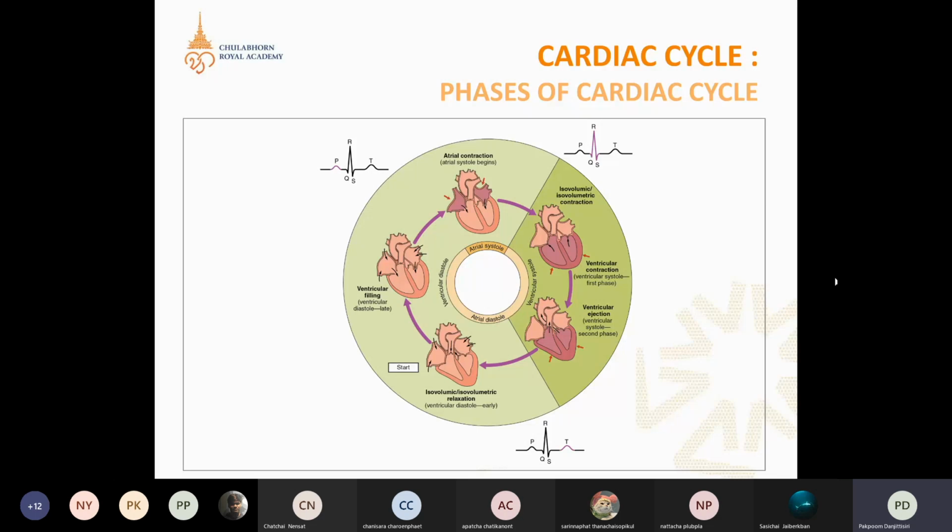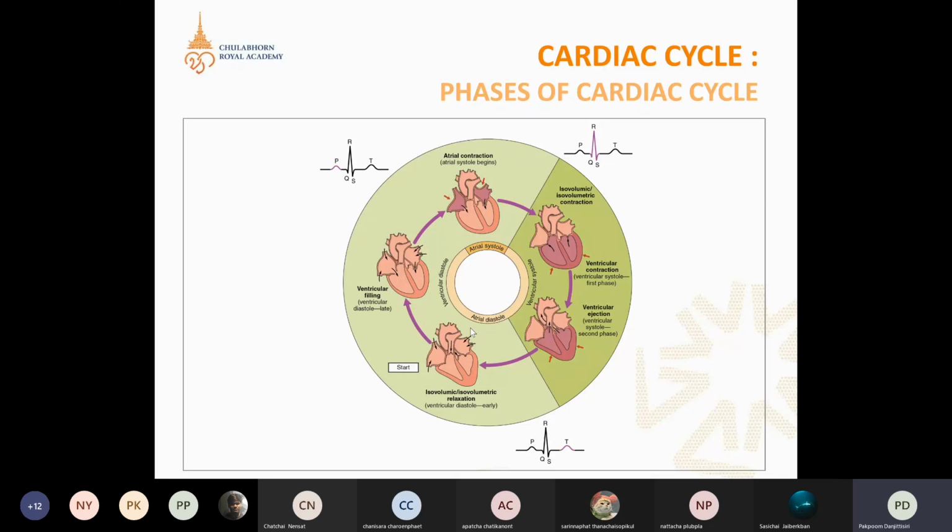Let's start with the PVEF. Actually, the PVEF refers to the atrial contraction, right? So at that phase, the ventricle is in the phase of ventricular filling, which is at the diastole, right?